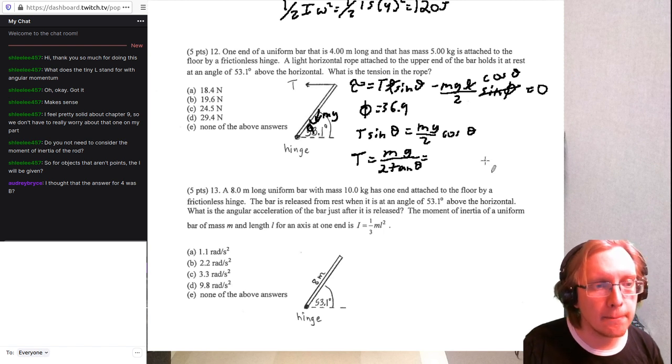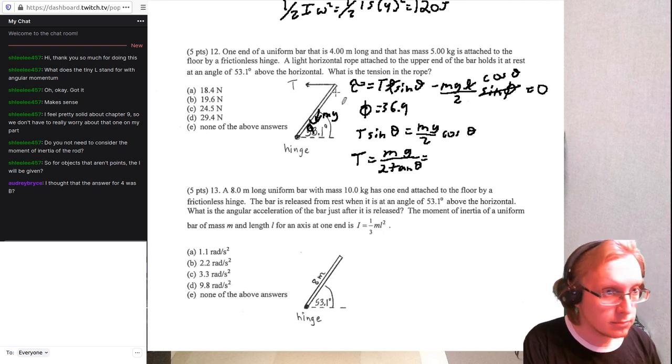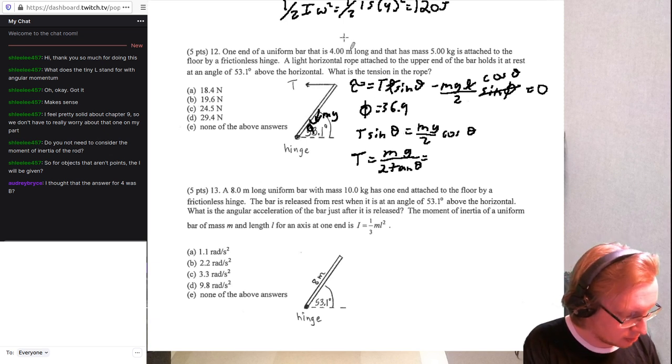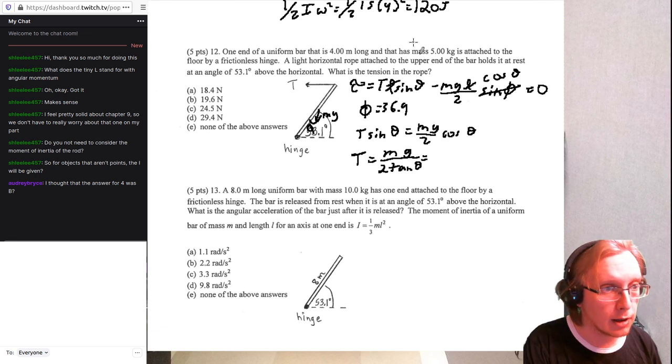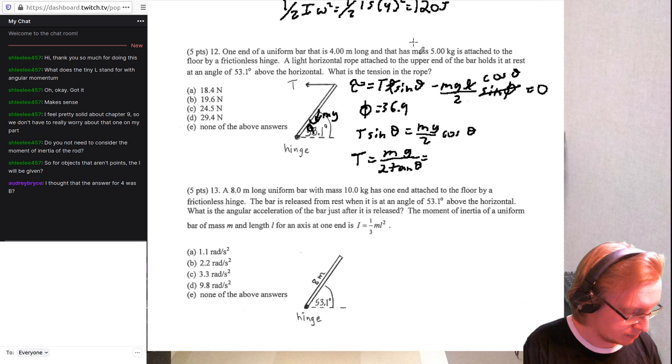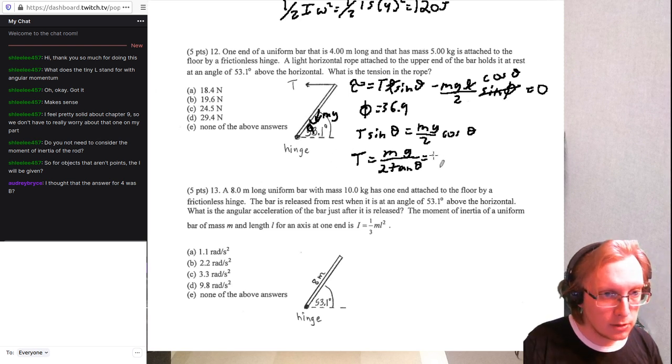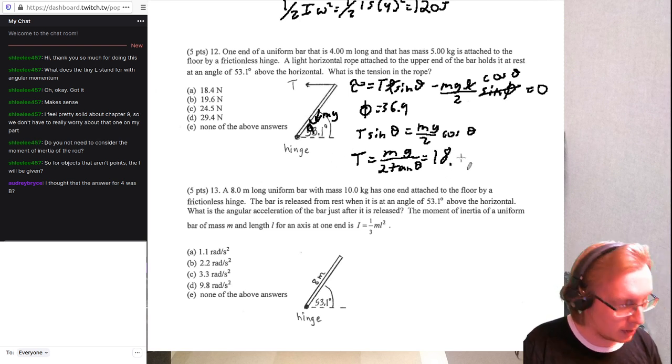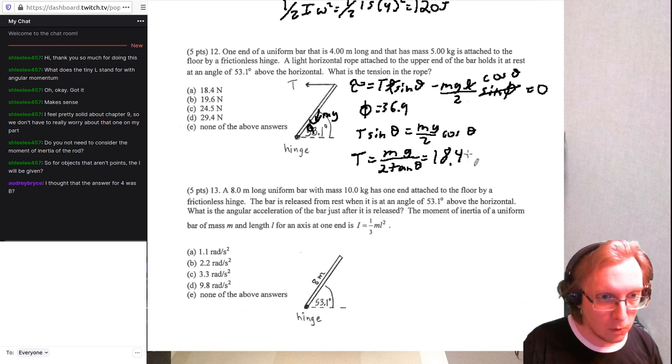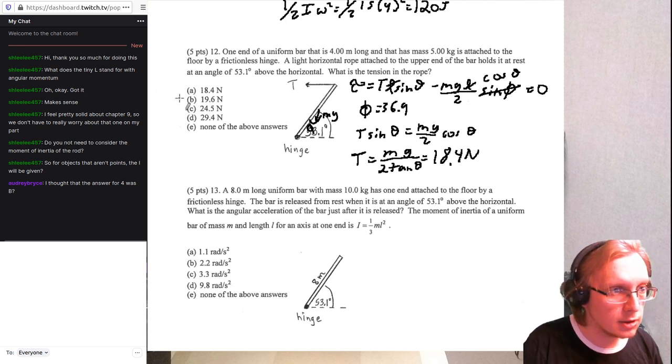I got a sneaky suspicion I did something funny here. Oh, I don't care about L. What am I putting 4 in there for? It's gravity, 9.8. We'll wake up yet. And then double check, make sure we got the 2 tangent 53.1. Yeah? 18.4 newtons. Hot dog, look at that.